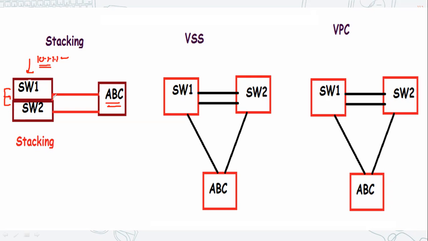You never see four or five switches in a stack using separate management IPs for all the switches. You just connect all the switches via the stack cable and give one IP address, and whenever you log into that management IP, you land on the master switch. Same is the case with VSS. Only switch 1, the master switch, is accessible via the management IP, and switch 2 is the standby switch.